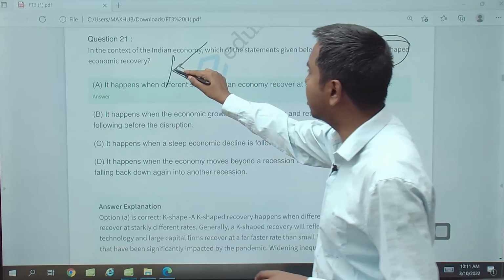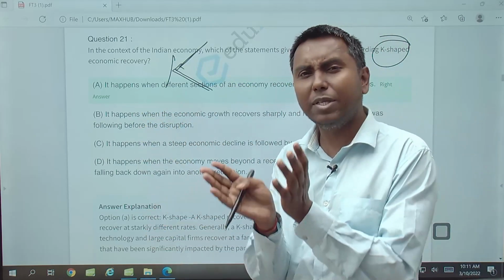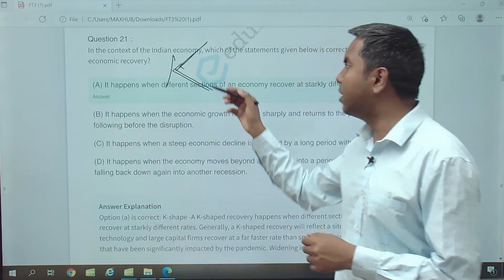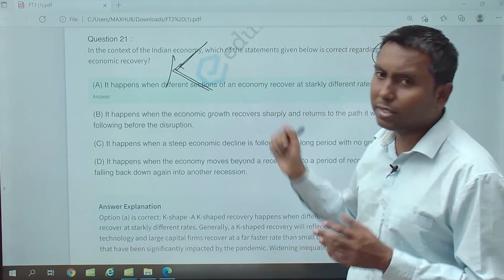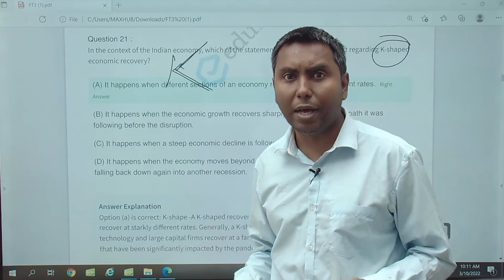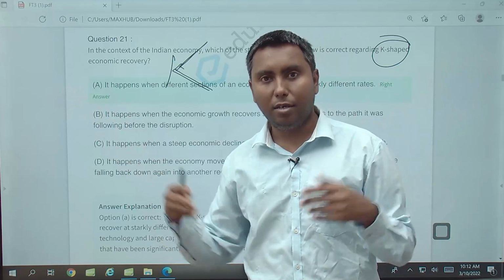Now you see K-shaped recovery, the 2 arms are diverging in different directions. Okay, so this gives you the clue to the answer: K-shaped recovery is a scenario where different sectors of the economy are recovering at widely different paces.